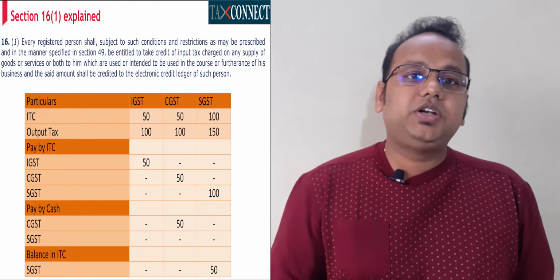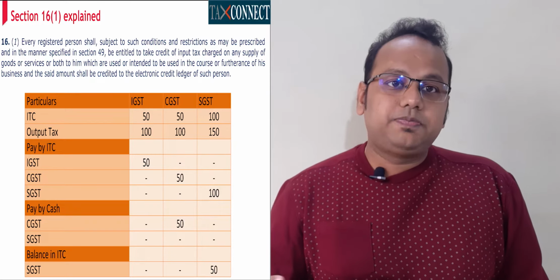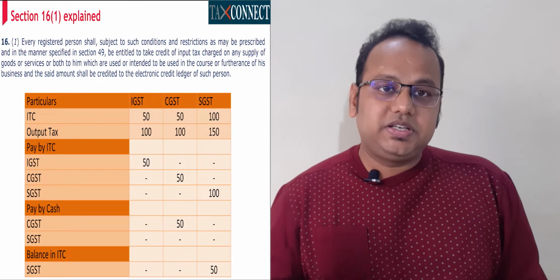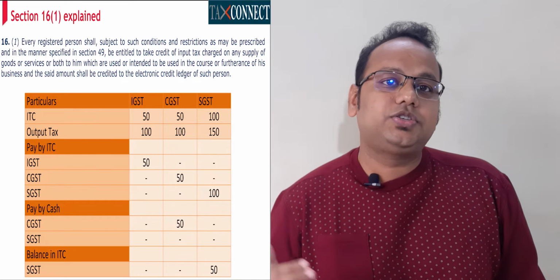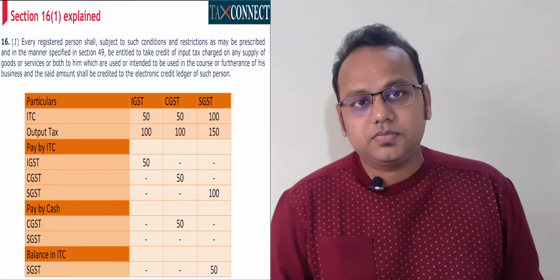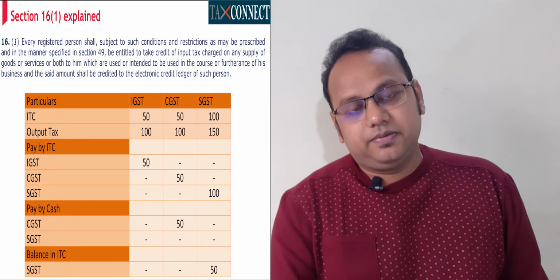So, on input tax credit, as I have said, the span of sections is 16 to 21 and rules is 36 to 45. So, let us start with section 16.